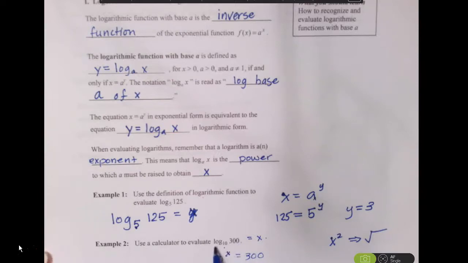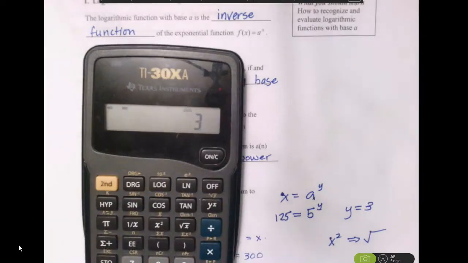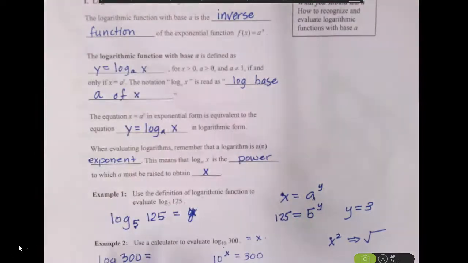And so in your calculator, the logarithm is already base 10, which is the standard in your calculator. So if you do log of 300, it's understood that the base is already 10, and the answer to that, and I have to do mine in reverse order, so I put in 300 and I hit the log button, it's 2.477.